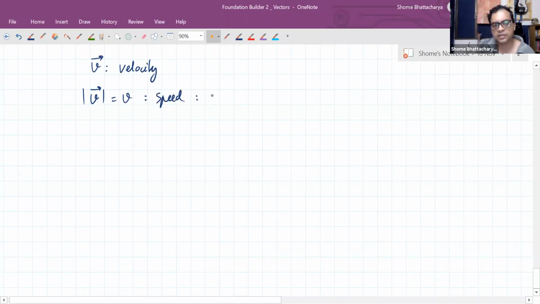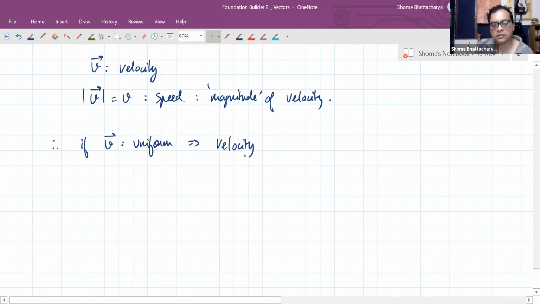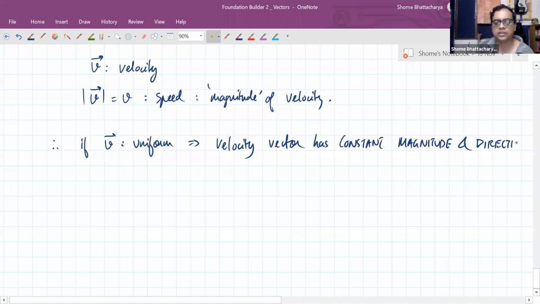So speed is nothing but magnitude of velocity. Okay. So therefore, if velocity is uniform, what does that mean? That the velocity vector has constant magnitude and direction. दोनों चीजें constant है.